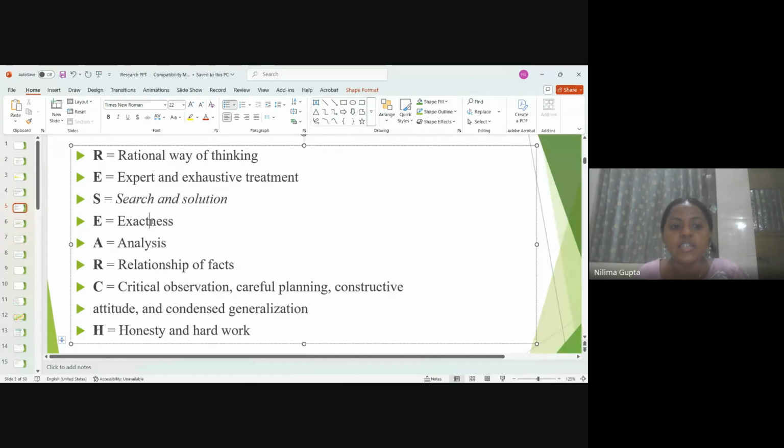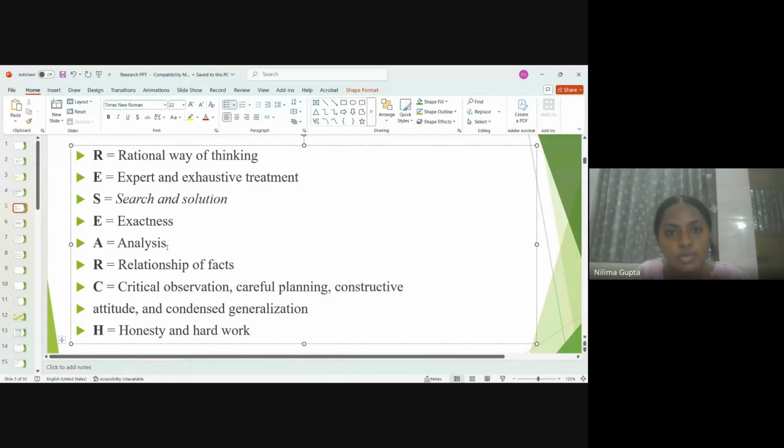And then E here is exactness. That means we have to be very exact, clear, and appropriate. But we will be studying certain types of research where, when it deals with human emotions and various other things, it will have a little variation. And then we have to do a lot of analysis, because when we do research, we collect data, we have a sample. We don't do research like that.